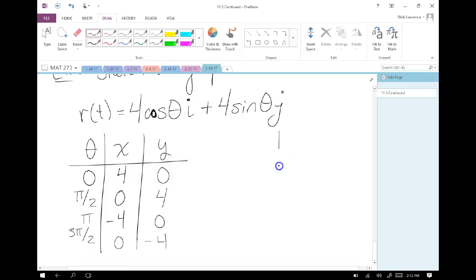Yeah, let's see what we got so far here. So here's 4, 0. Here's 0, 4. Here's negative 4, 0. Here's 0, negative 4.